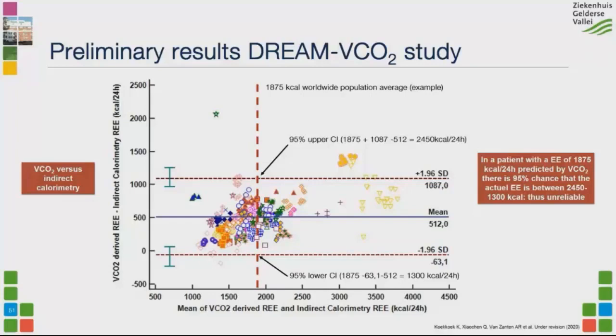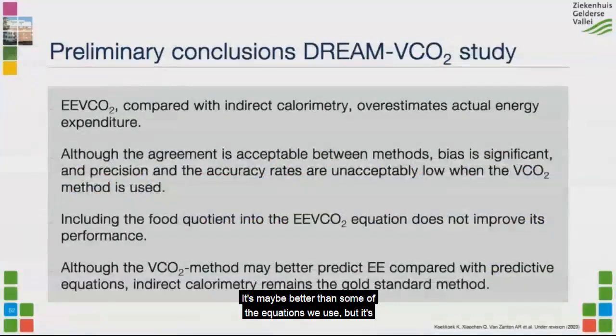And it also implies that when the patient has an average of 1875, when you would provide the patient with 2450 kcals, you're overfeeding your patient. So we cannot rely on the VCO2 method. It's maybe better than some of the equations we use, but it's not as good as indirect calorimetry.